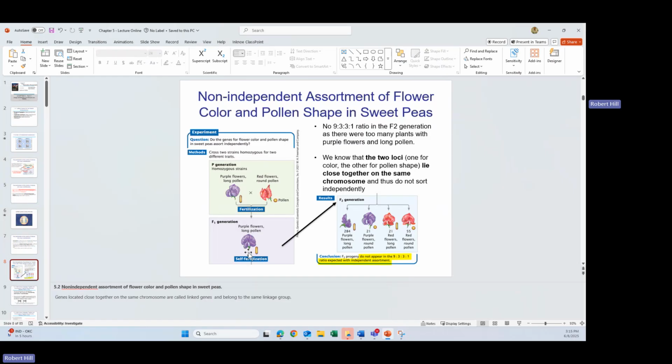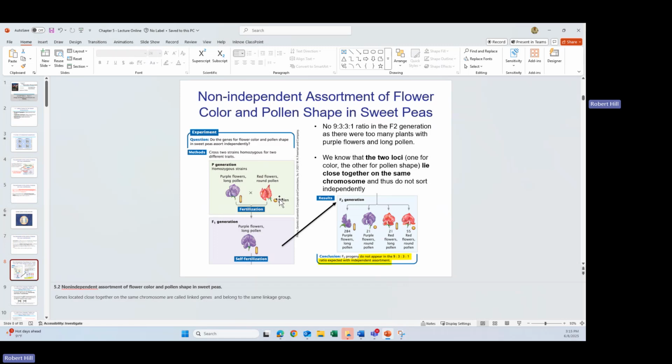But now, when they self-fertilize the F1 generation, look at the numbers they get: 284 purple long grain, 21 purple round, 21 red long grain, and about 55 red and round. Right off the bat, you should be able to identify that this does not correlate to a 9:3:3:1 ratio.